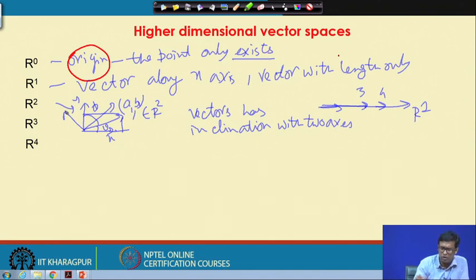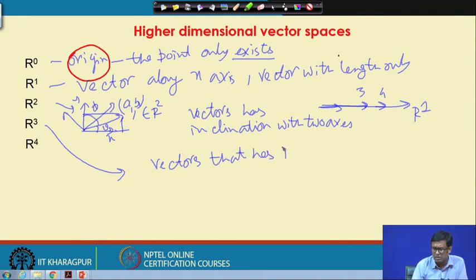Now, let us see what is in R 3. We can again write it down very clearly: vectors that have inclination with 3 axes.